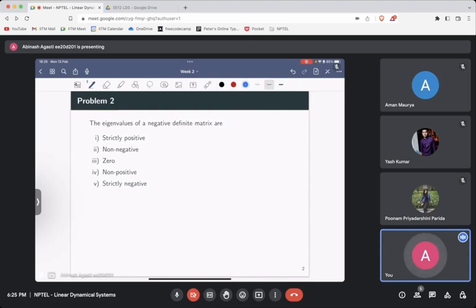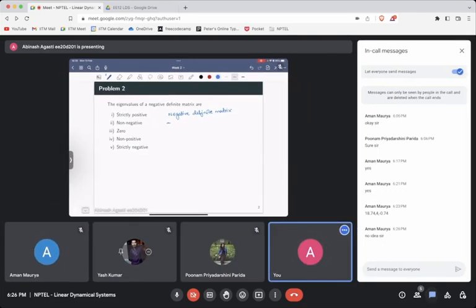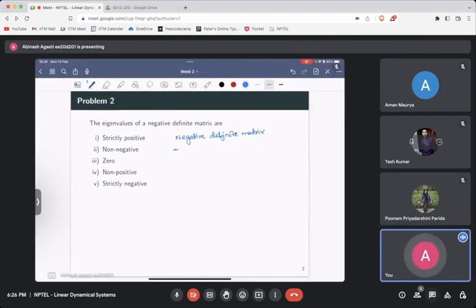So I want to find out the eigenvalues of a negative definite matrix. If one of you can tell me the definition of a negative definite matrix. Okay, I'll just define it for you.